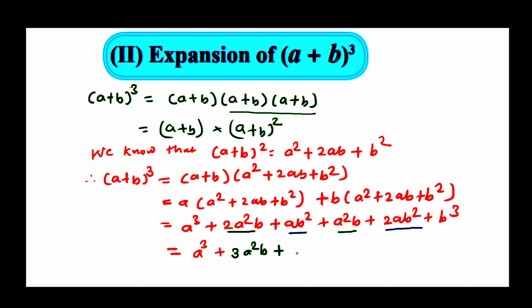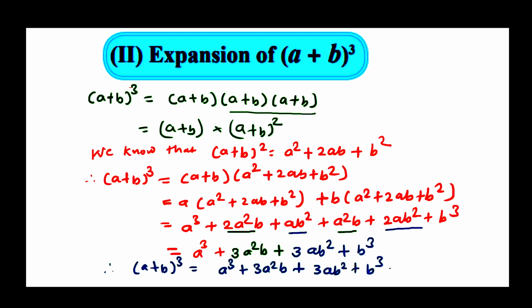So, 2 plus 1 is 3ab square plus b cube. Therefore, (a plus b) bracket cube is equal to a cube plus thrice a square b plus thrice ab square plus b cube. Using this formula, let us solve the following example.